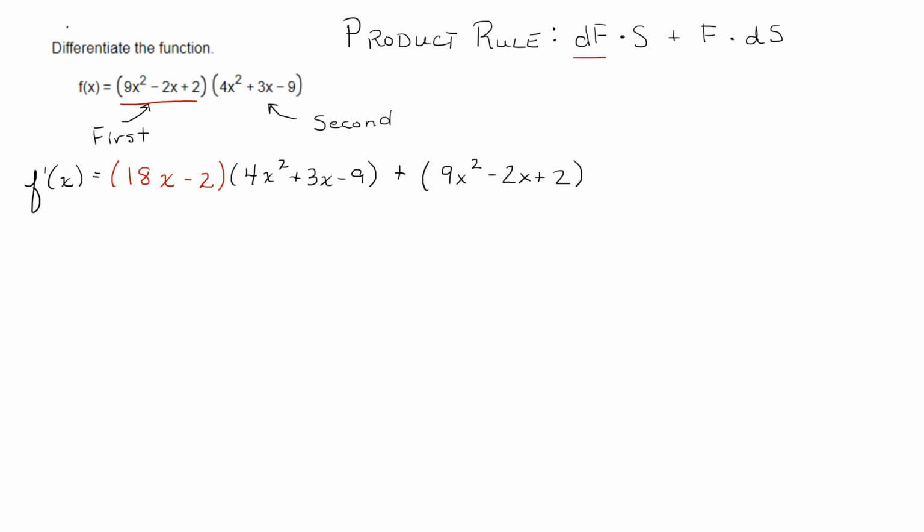Let me use a color here. So the derivative of 4x squared is 8x. The derivative of 3x is 3, and the minus 9 drops off.